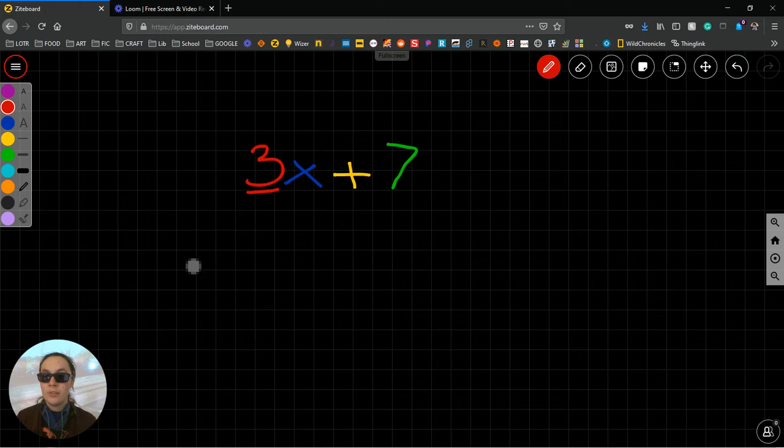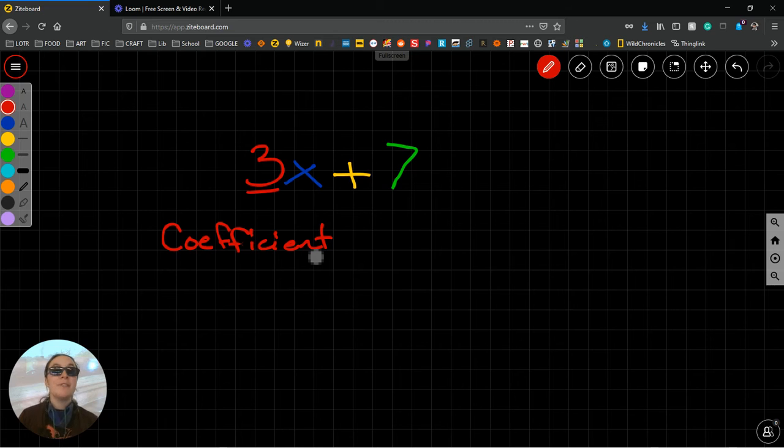called a coefficient. A coefficient is a number that is being multiplied, which is what happens when you have a number and a letter smushed together like that. A number that is being multiplied by a variable, that is stuck to a variable like that, like the 3, is called a coefficient.